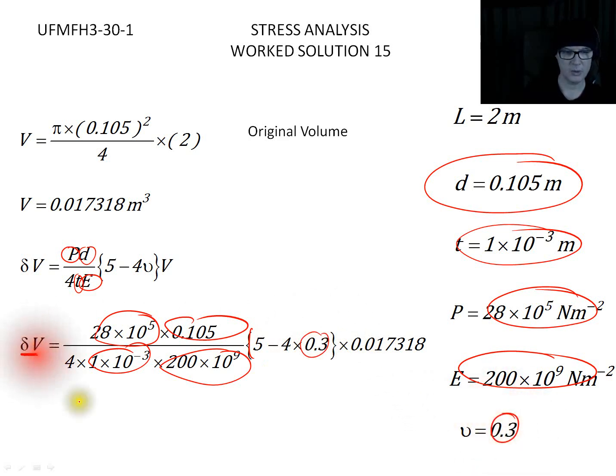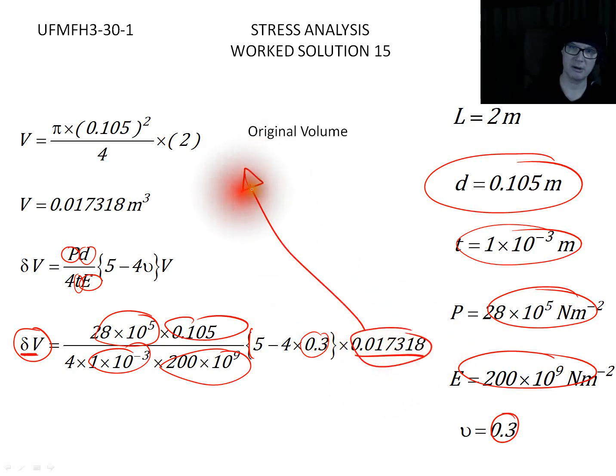And the formula in the formula sheet is giving us the volumetric strain, so we actually want to find the change in volume, so we're going to take that formula and multiply it by the original volume there. So that's going to go in to there, okay?